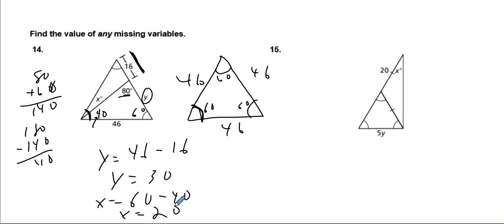On to number 15. Again, we have a 60, 60, 60 triangle here, right? Which means all the sides are equal also.